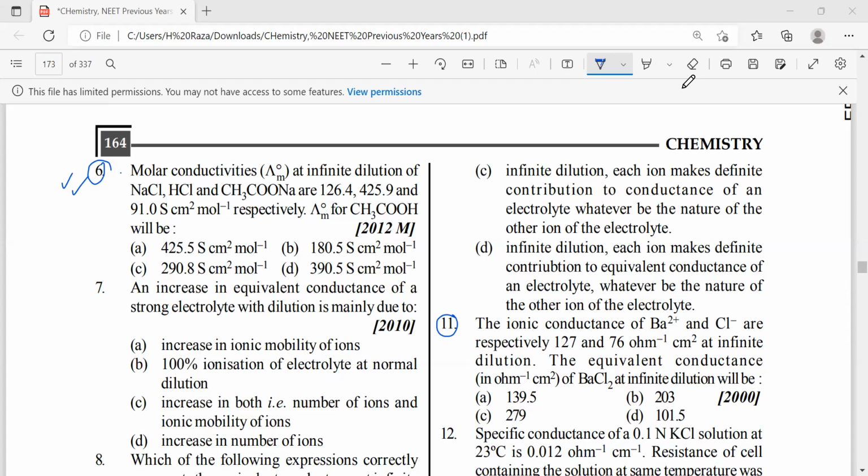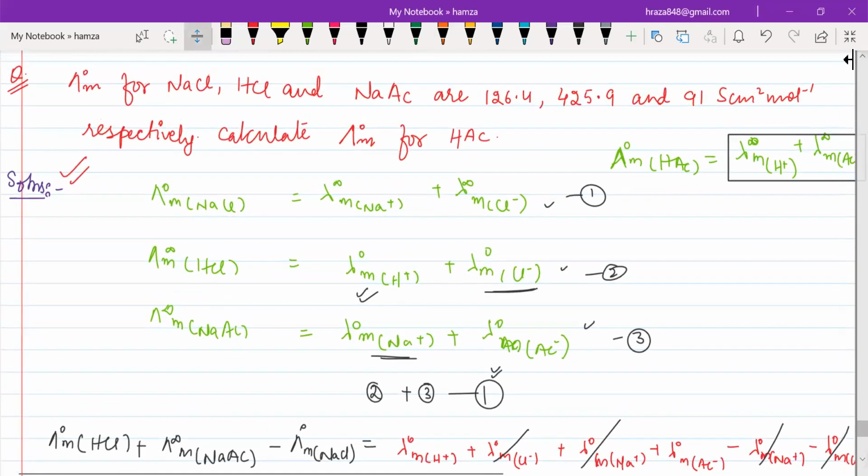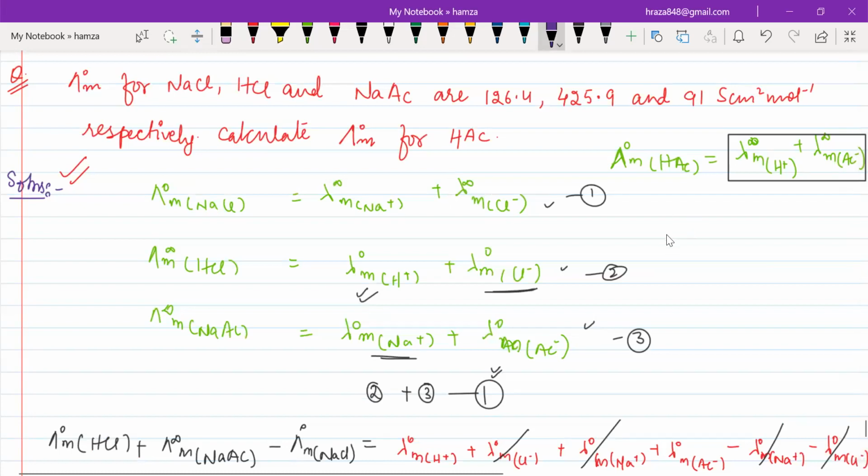Okay, so I'm sharing another screen. This screen. Hamza, are you able to understand this question? Please, whenever you don't understand, please tell me. Can you solve this question?